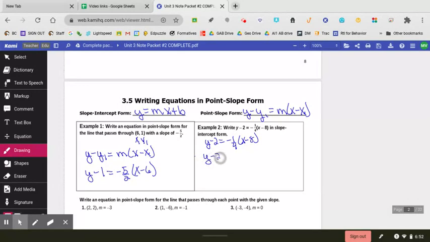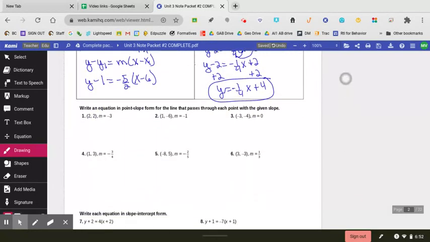I distribute the negative 1/4, so I get negative 1/4 x plus 2, because I multiplied everything inside by negative 1/4. Now I'm going to add 2 to both sides, and that gives me y equals negative 1/4 x plus 4. So that is that equation written in slope-intercept form.